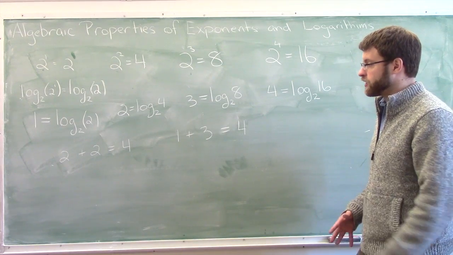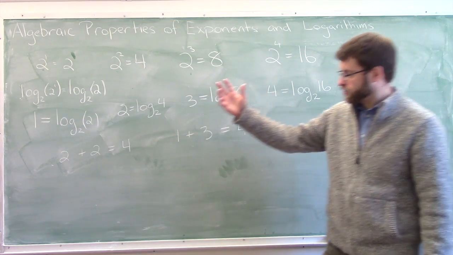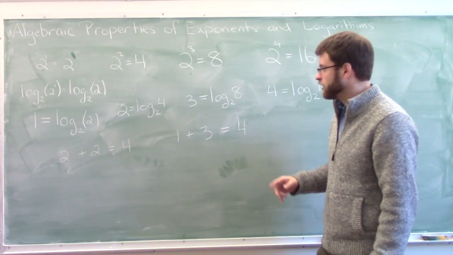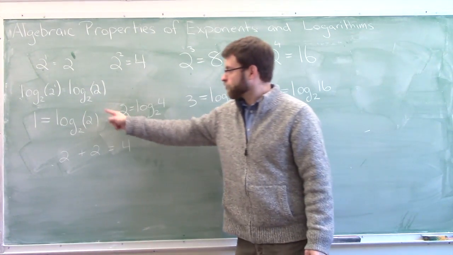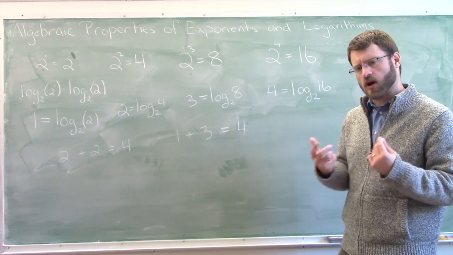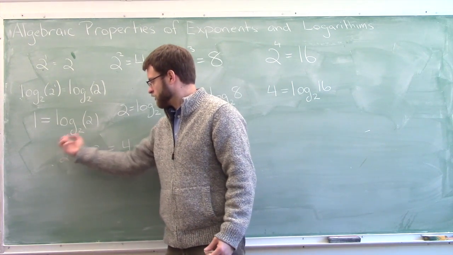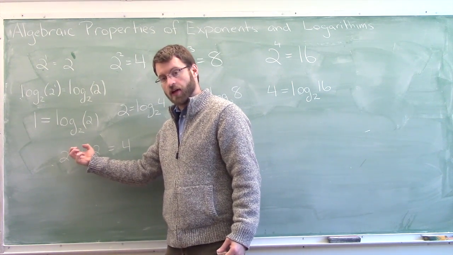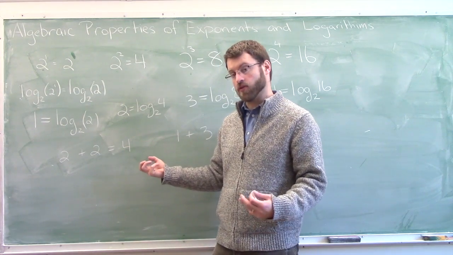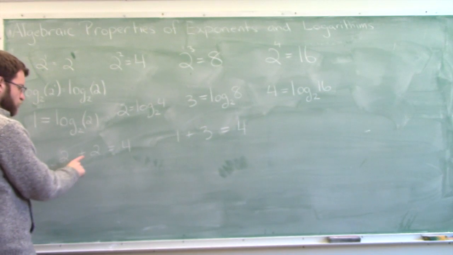So there are two equations, two different situations where we have two things on the left and one thing on the right, and each of those we can write in terms of a log base 2. So what I want to do is uncover, if I can, any connection between the arguments of the logarithms on the left and the arguments of the logarithms on the right. See what's there. So in this first situation, 2 plus 2 is equal to 4.